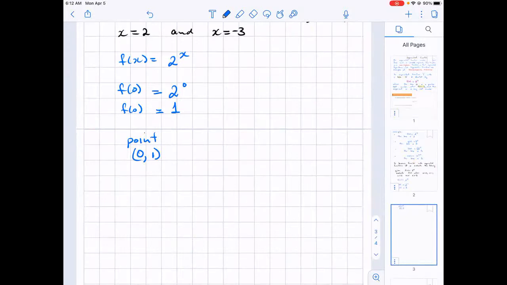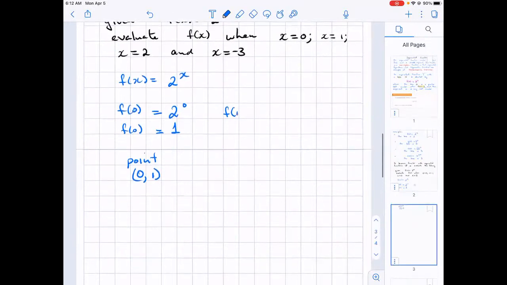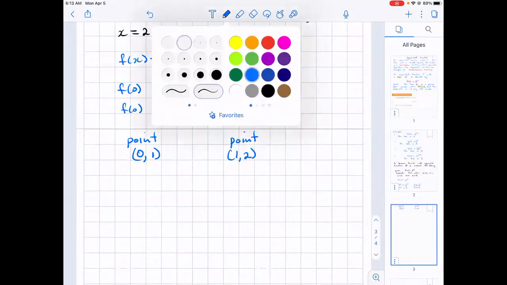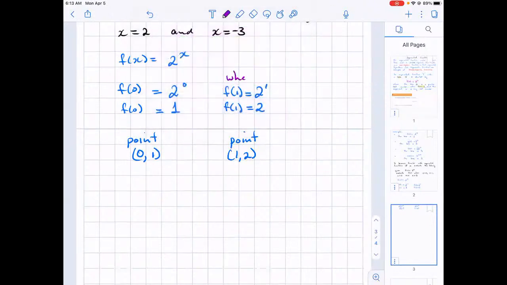Likewise, what is f when x is equal to 1? f of 1 will be 2 raised to the power 1. Therefore, f of 1 is equal to 2. If you want to write that as a point, that will be (1, 2). So this is when x is equal to 1, and here when x is equal to 0.